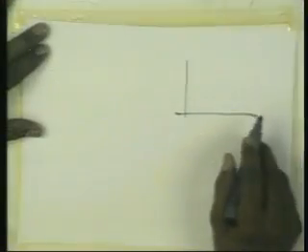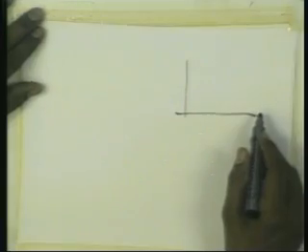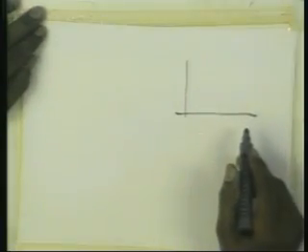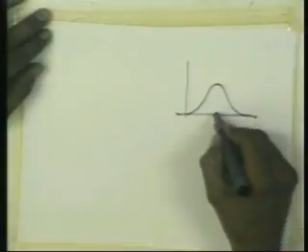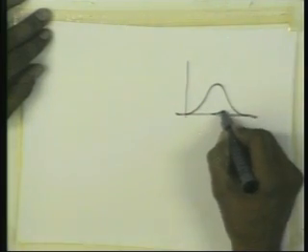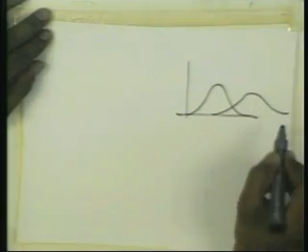Now, for thresholding, basically what we do is, if I take a simpler situation, I look at the distribution of pixels in different intensity levels, so I look at the probability distribution function. So then I will have, say, objects look like this, and the distribution function for the background is something else.